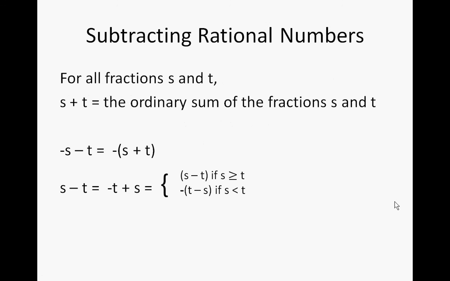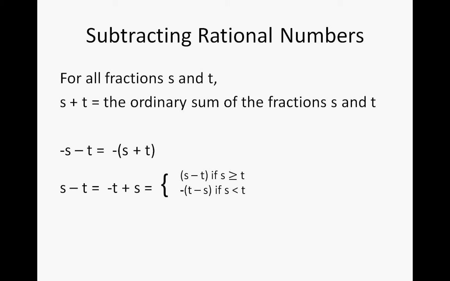All right, so here is our summary for subtracting rational numbers. For all fractions s and t, if we just add s plus t, we get the ordinary sum of fractions.